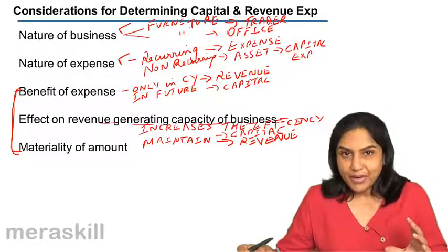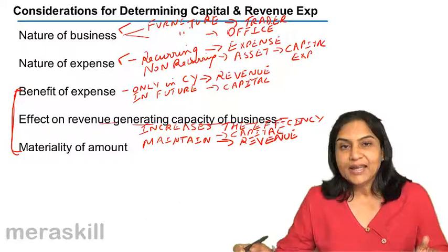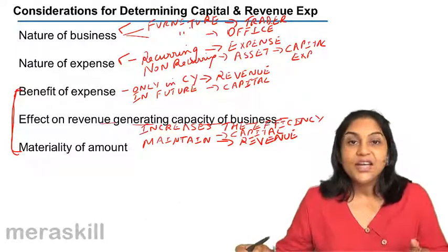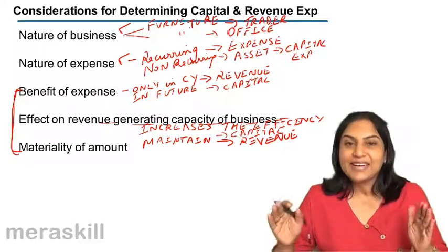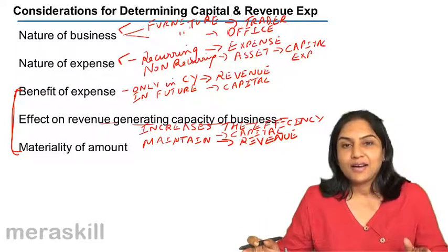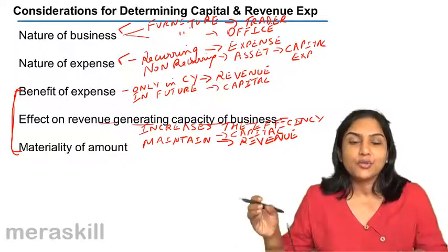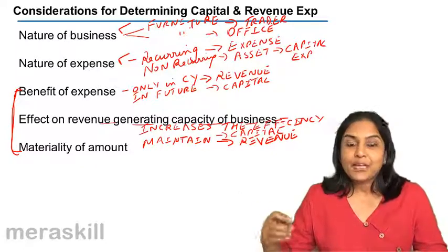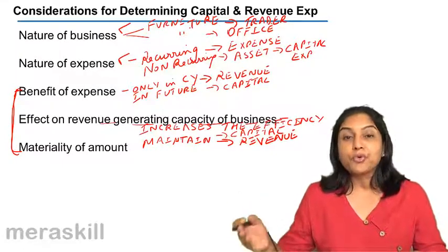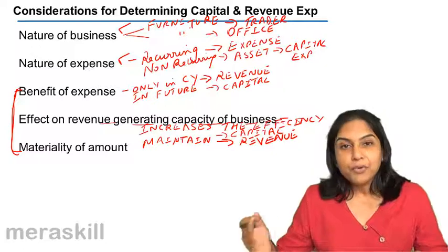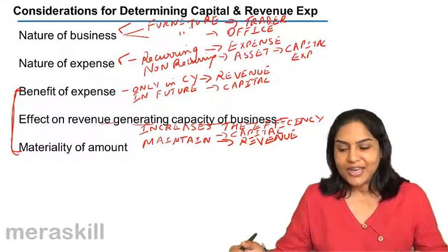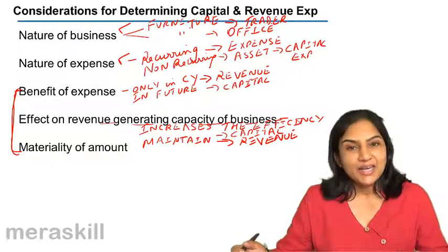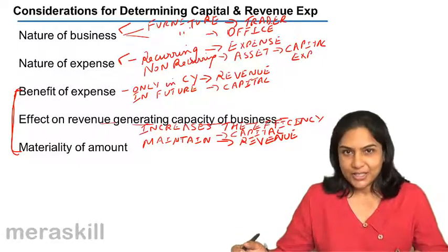When we spend money in order to maintain the asset in a running condition, it is revenue. It is for maintenance, to retain its revenue generating capacity. But if we have spent money to improve its efficiency, improve its productivity, improve its revenue generating capacity, then it becomes an asset, a capital expenditure.